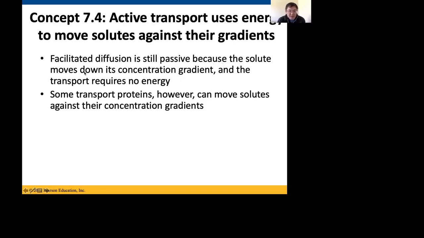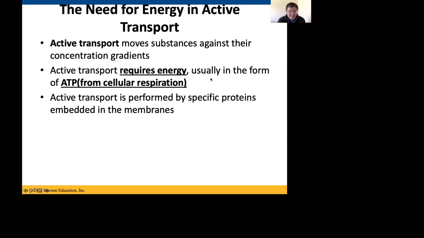That means this transportation is against the concentration gradient. The energy comes from ATP. We can see active, A, ATP, A. So that means active needs ATP.